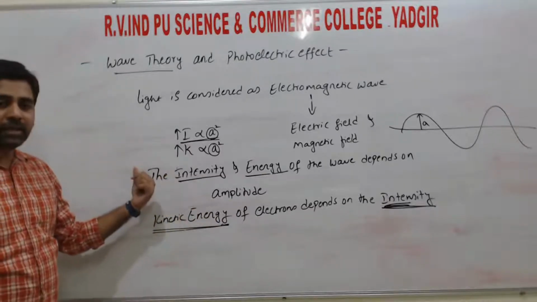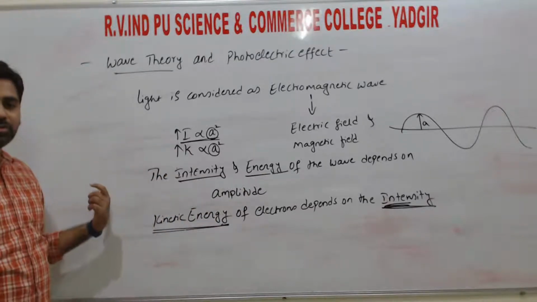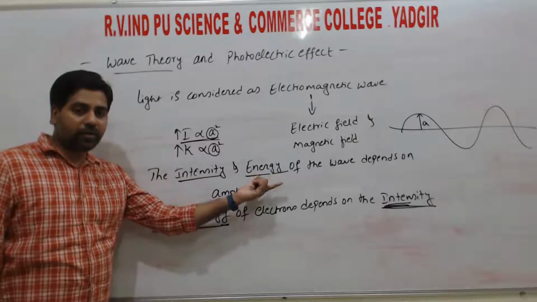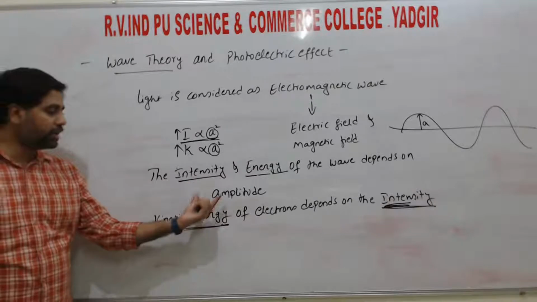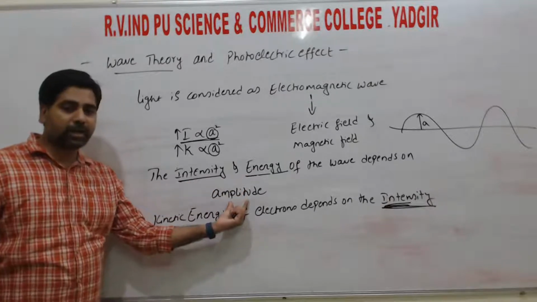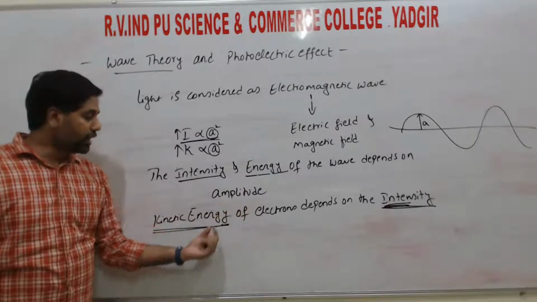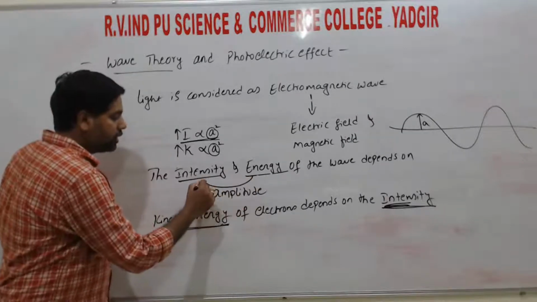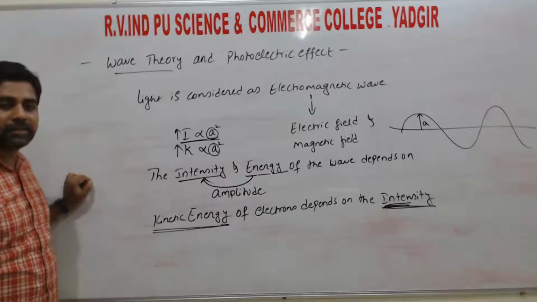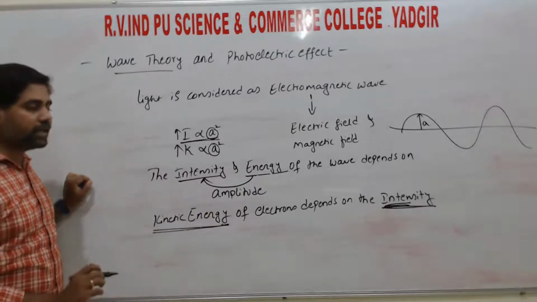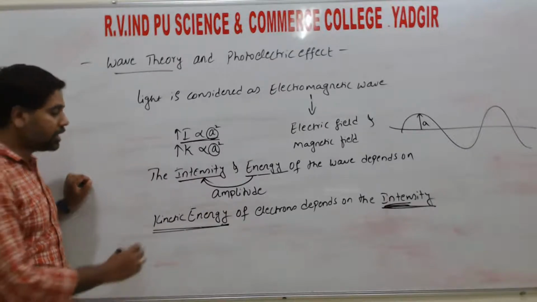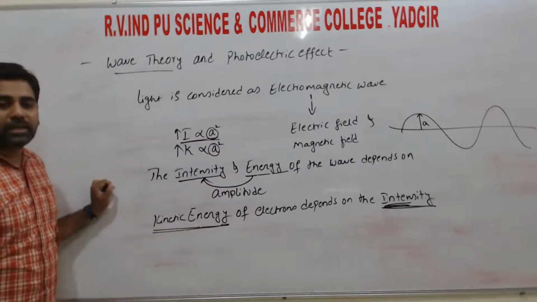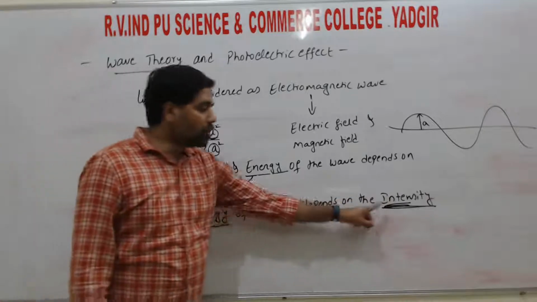As you already studied in the previous class, in sound, we noted the relation that the energy of the wave and also the intensity of the wave, these two factors, directly depend on the amplitude. So hence the kinetic energy of the electrons directly depends on the intensity. But what we studied in the experimental observation is that the kinetic energy depends only on the frequency of the incident radiation, not on the intensity.